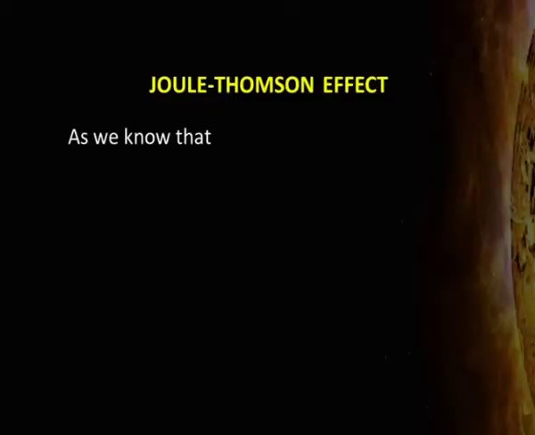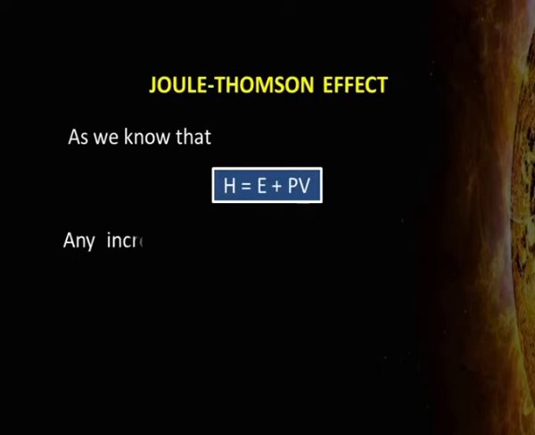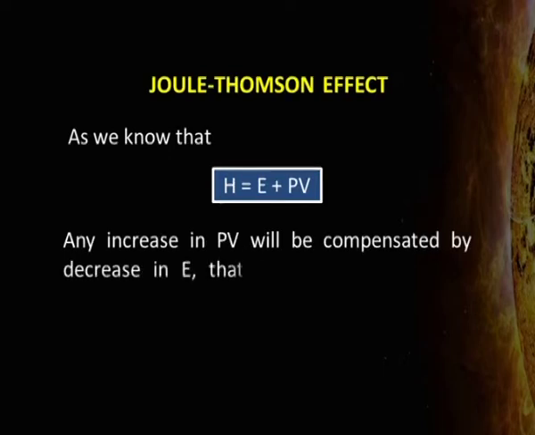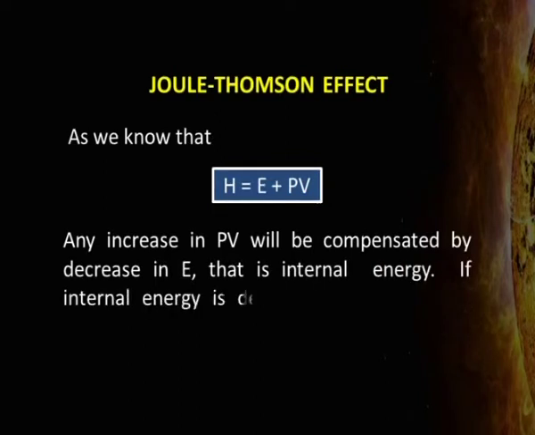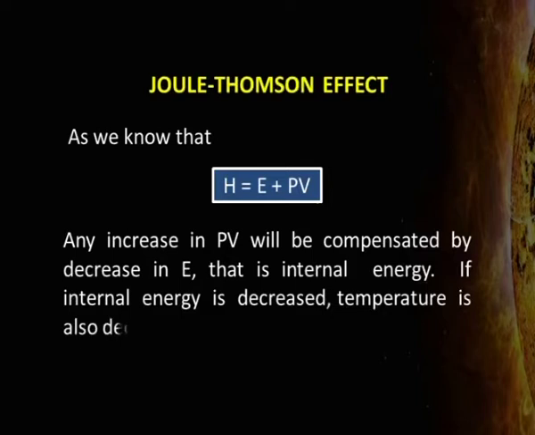As we know that H is equal to E plus PV, any increase in PV will be compensated by a decrease in E, that is internal energy. If internal energy is decreased, temperature is also decreased. Hence, final temperature is less than initial temperature. But in case of hydrogen or helium, PV decreases with lowering of pressure.